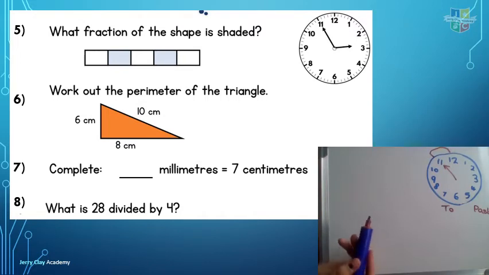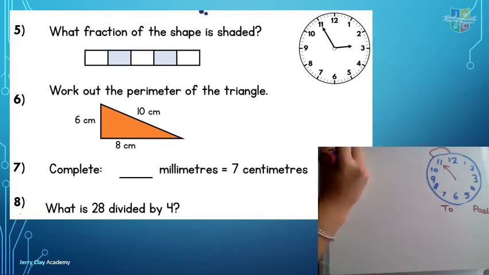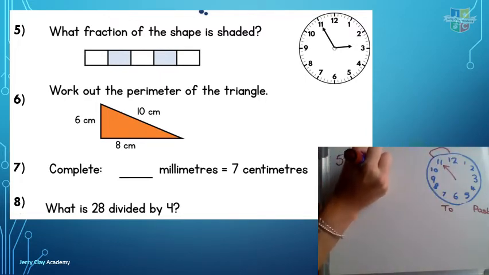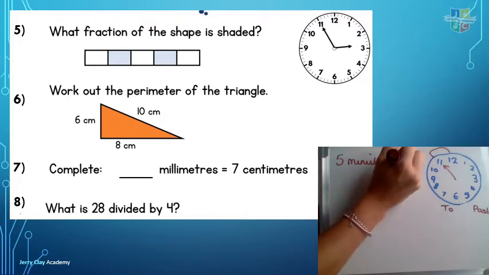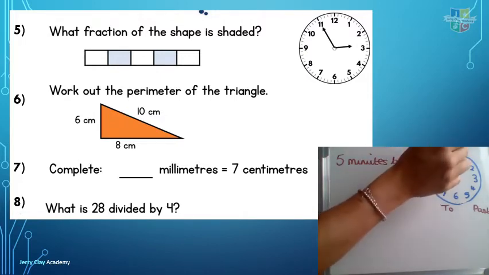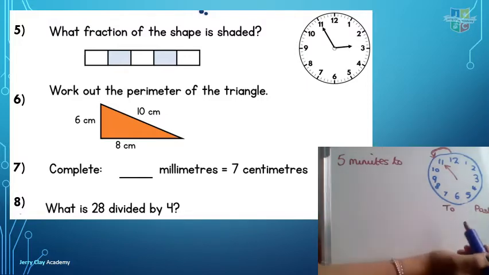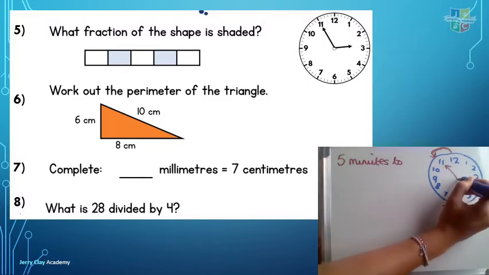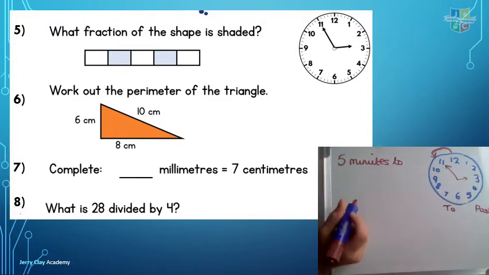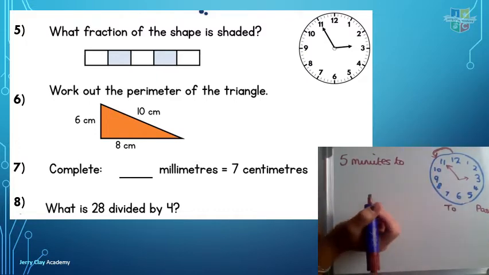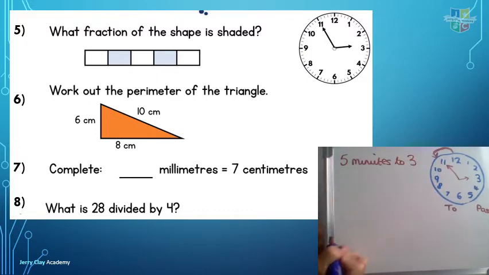Well, I know that there is 5 minutes between each number, so I know that it's going to be 5 minutes to, because if I work backwards, from 12 to get to the 11 it's going to be 5 minutes. And if I look at my hour hand, it is just before the 3, so it hasn't got to the 3 yet, so we would say it's 5 minutes to 3.